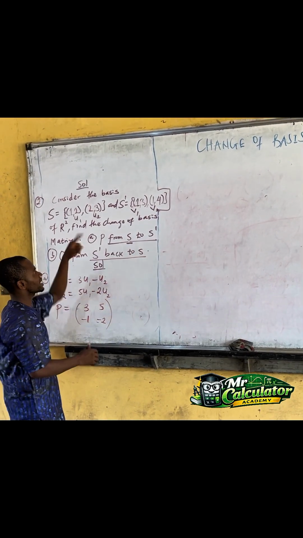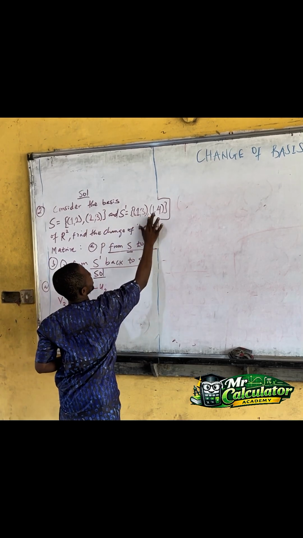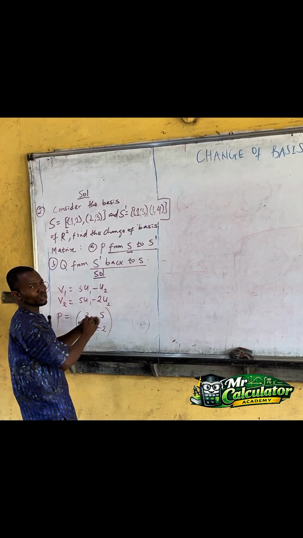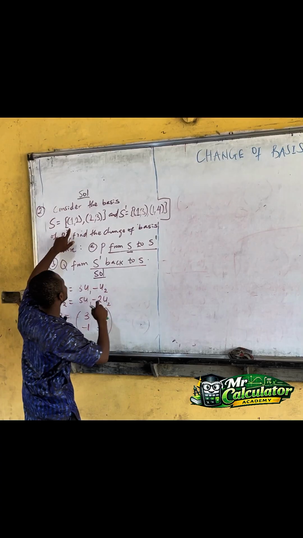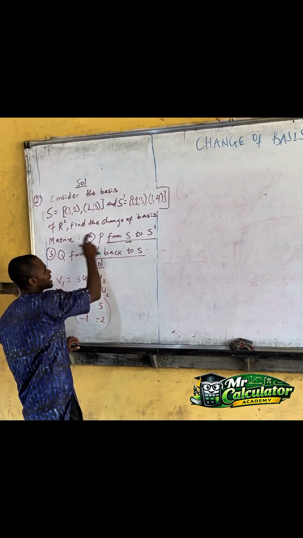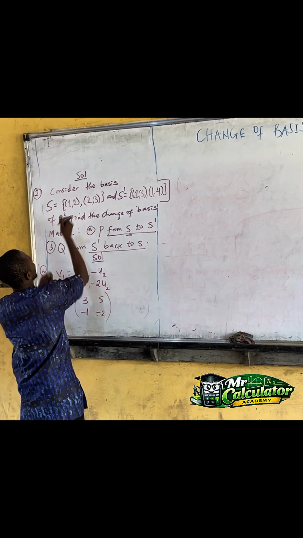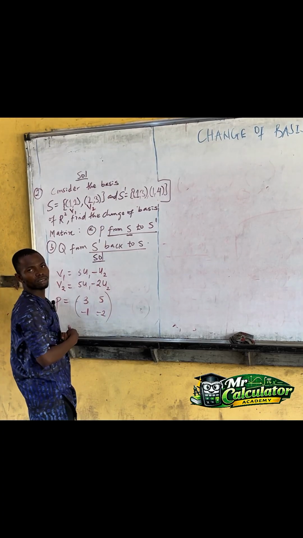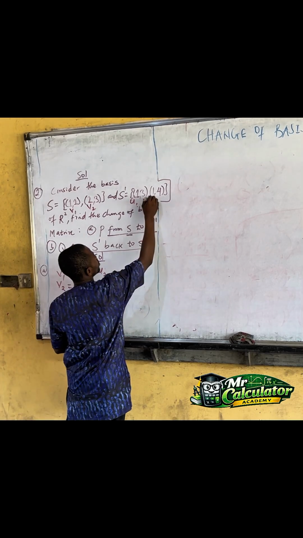Please note, in this case, please don't make a mistake here, I want to write the basis of S, which are 1 and 2, as a linear combination of the bases of S prime. In this case, my V1 is this, my V2 is this, my U1 is this, and my U2 is this.